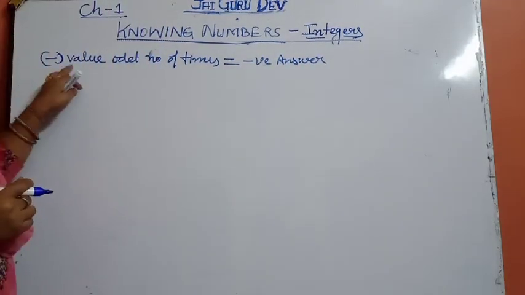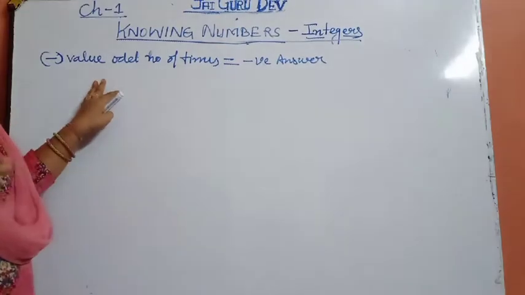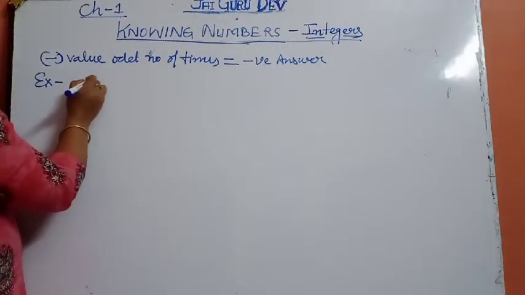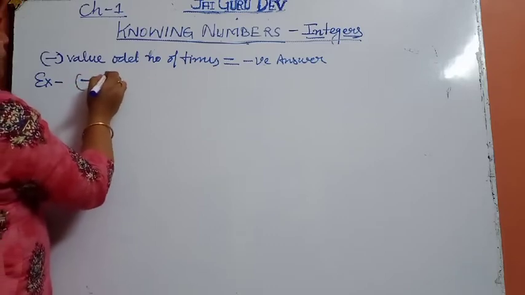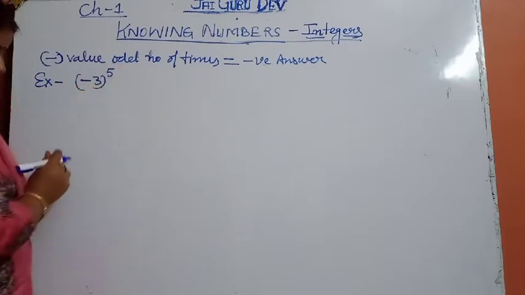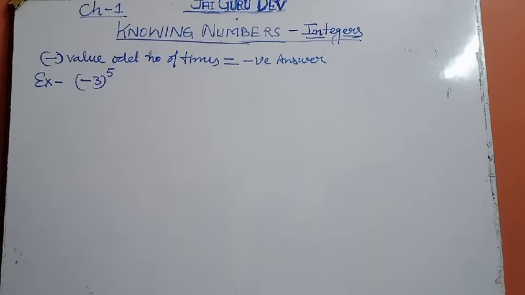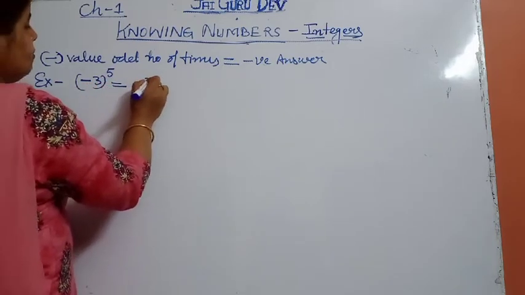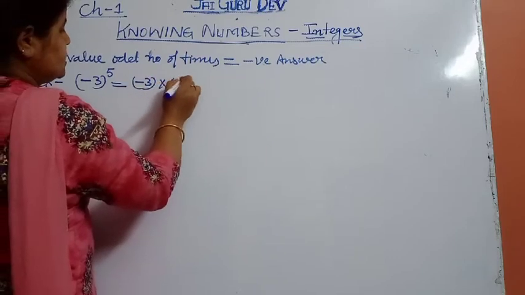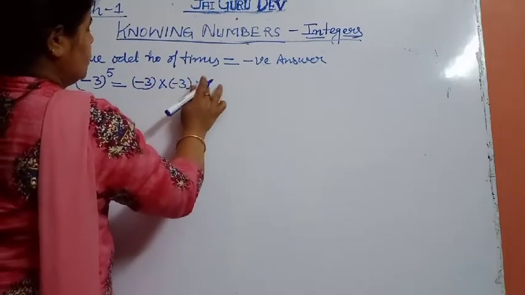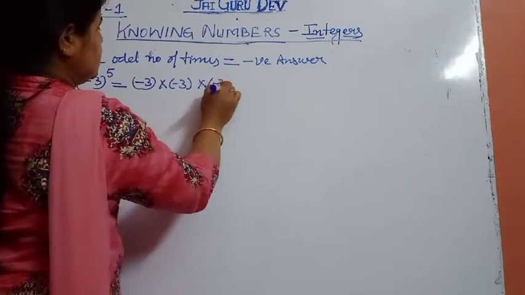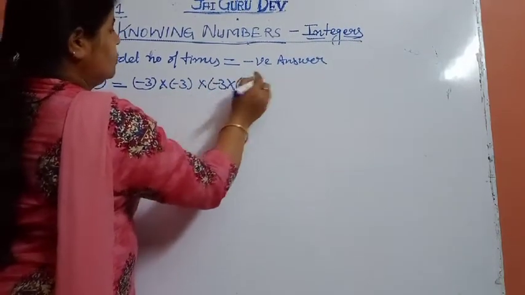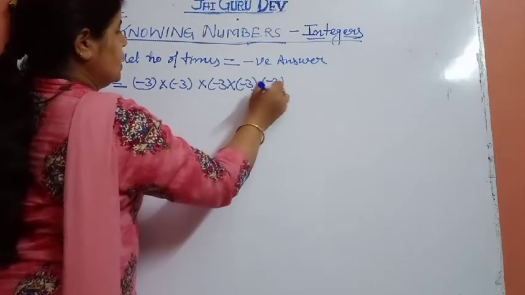For example, minus 3 to the power 5. It means minus 3 will be multiplied 5 times. See how we can write it: minus 3 into minus 3 into minus 3 into minus 3 into minus 3.